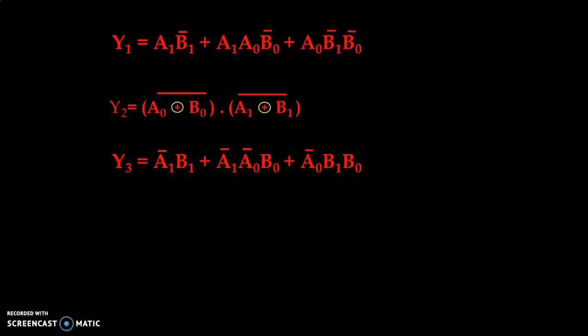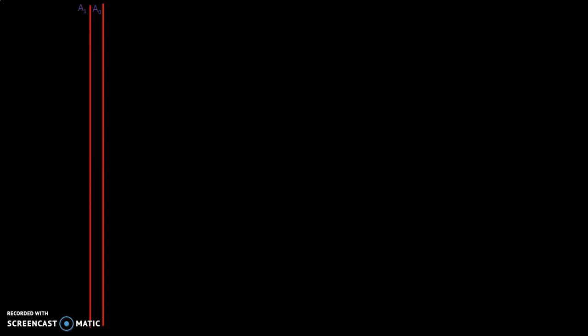So with this Boolean function, now let us implement a logic circuit with the help of basic gates as well as with the exclusive NOR gate, a logic circuit for the 2-bit magnitude comparator. We have 4 input variables, that is A1, A0, B1 and B0.